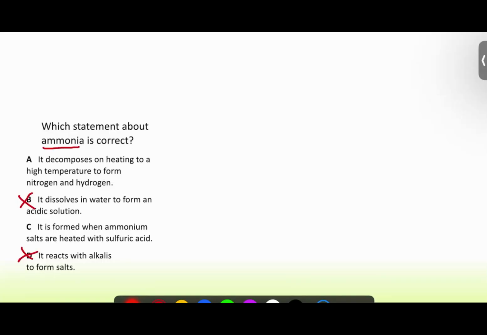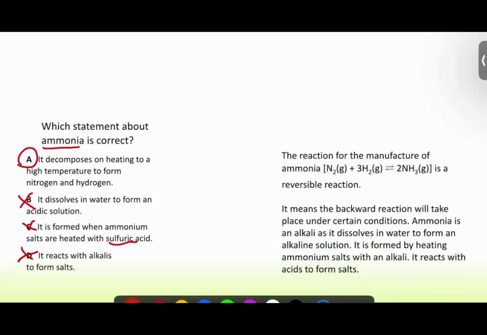And for C, it is formed when ammonium salts are reacted with an alkali, so this is also out. So A is the correct option. The reaction of manufacture of ammonia is a reversible reaction. It means the backward reaction will take place under certain conditions. Hence, at high temperature, nitrogen and hydrogen are being formed.